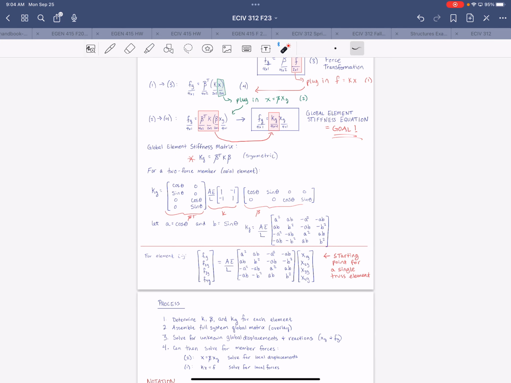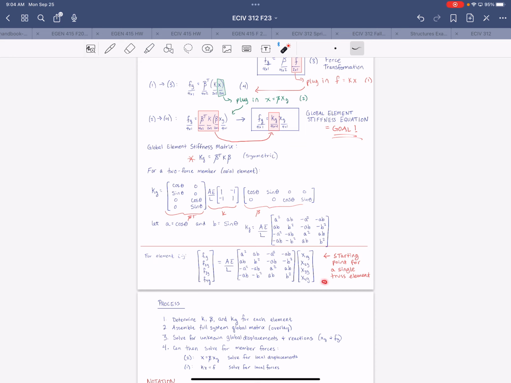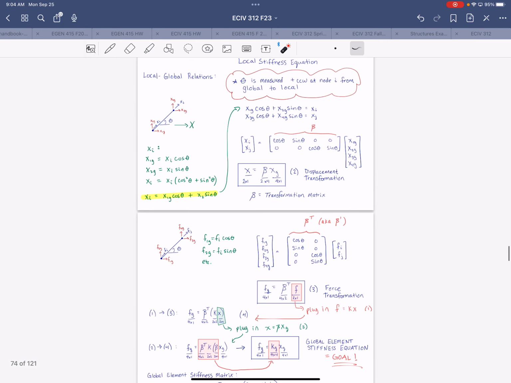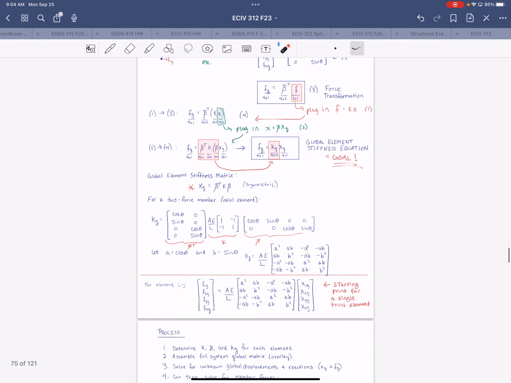The expanded form of our global element stiffness equation is shown down at the bottom of this page. And this right here can be your starting point for any given truss element. But you have to calculate this for every single truss element separately. But the nice thing is we can skip all of this, starting from the local and going through all that, and just use this formula.